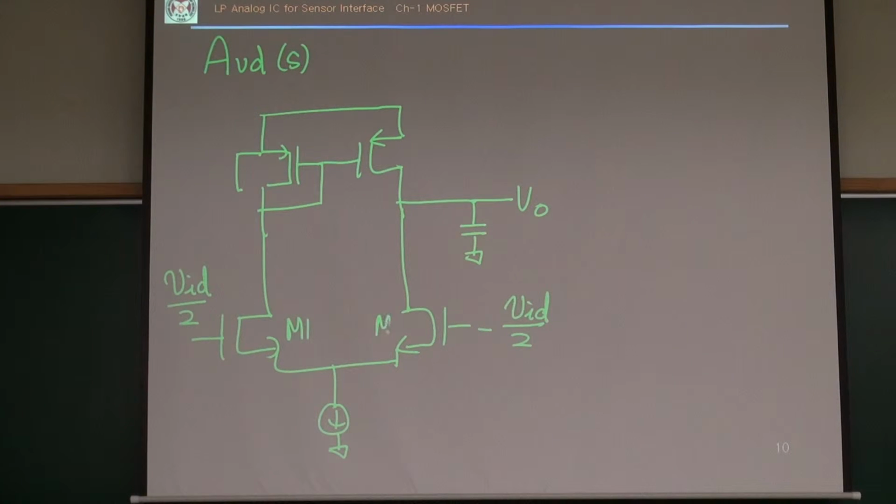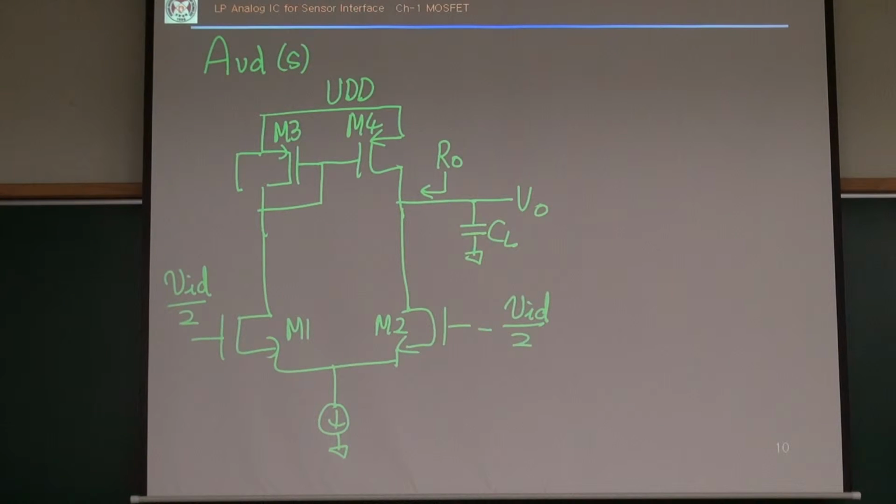M1, M2, M3, M4, this is VDD. The small signal resistance looking toward the transistor at the output is RO, then I have a CL, so I have a pole here.